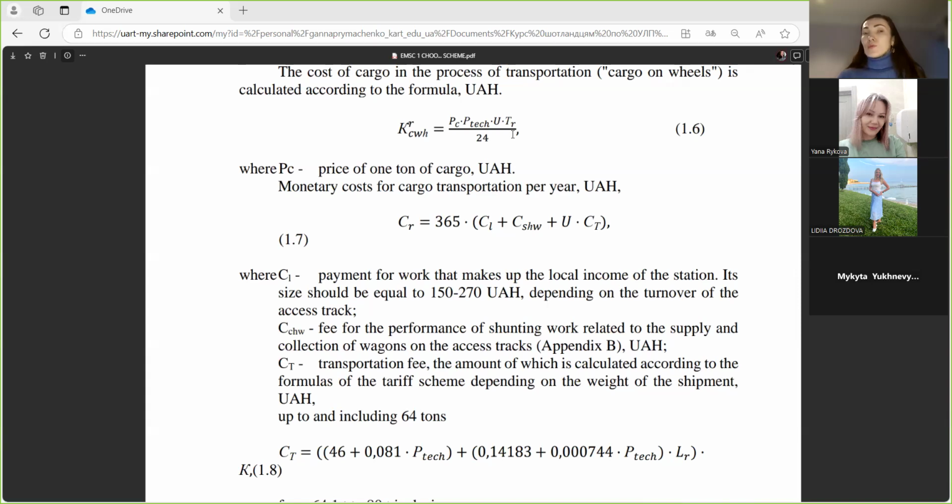All this multiplying we divide by 24, because we have 24 hours during one day. And R is equal to, calculate it please, leave 2 digits after the comma, and the result will be in hryvnias, your answer.